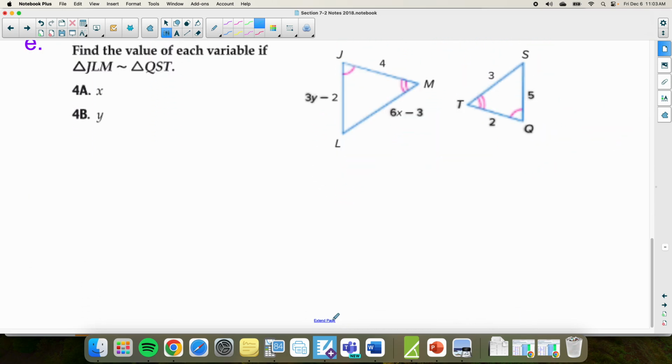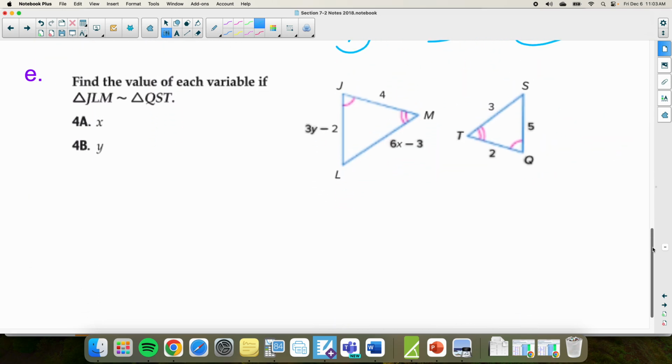Now if we go to this page, it says find the value of each variable if triangle JLM is similar to triangle QST. So, first of all, whenever I see one side that is a whole number, I want to use that if I can.